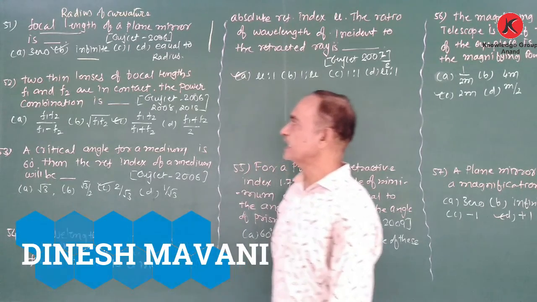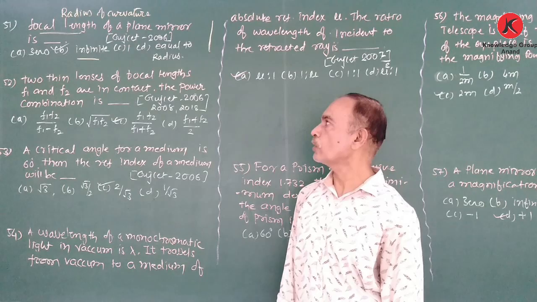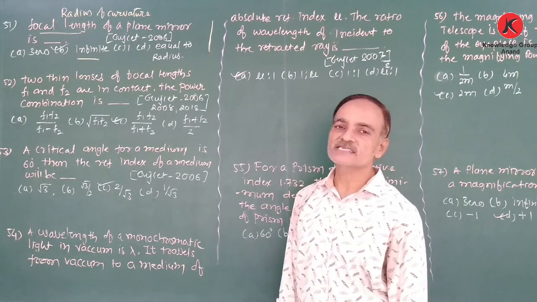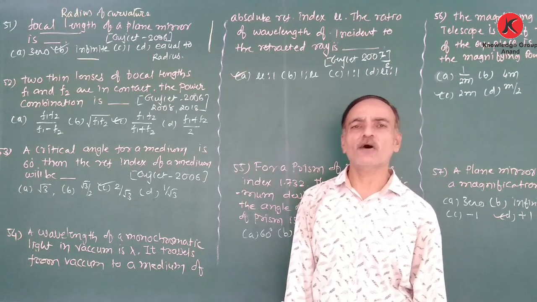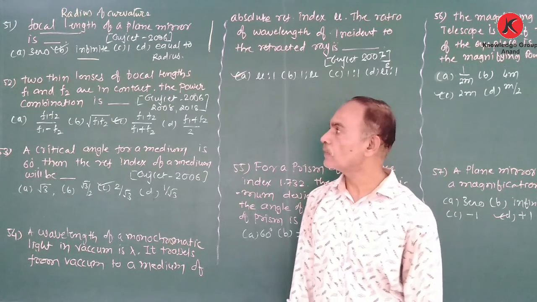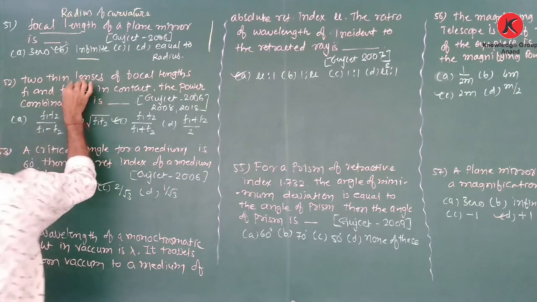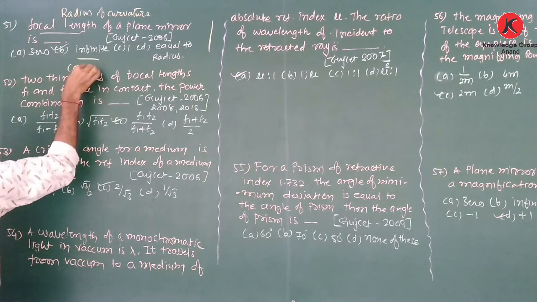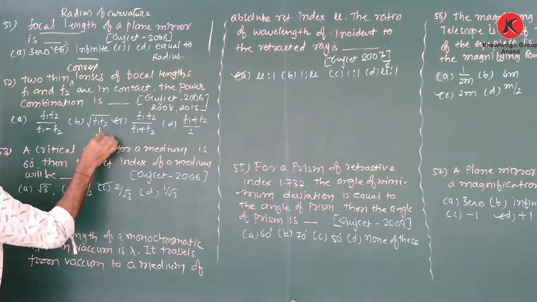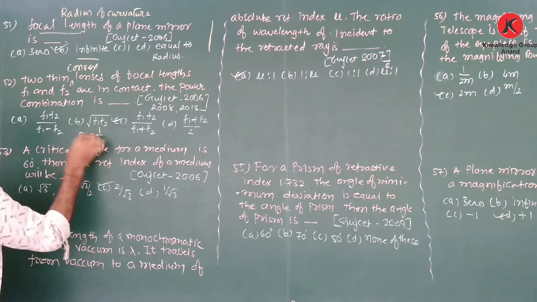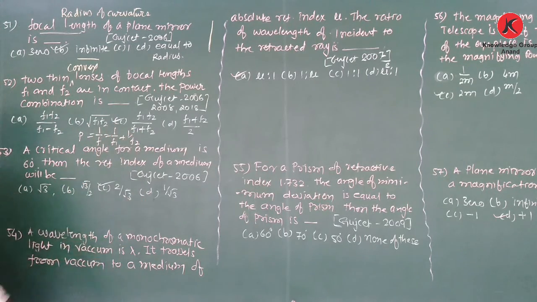Now, two thin lenses of focal length f1 and f2 are in contact. The power of the combination is asked. That means, what is the equivalent focal length of this combination of two thin convex lenses? Here two thin convex lenses. So our simplification is 1 upon f, that is the power, is equal to 1 upon f1 plus 1 upon f2.